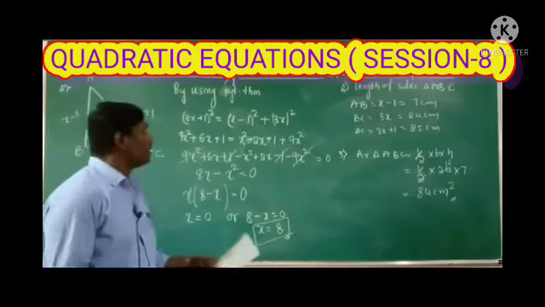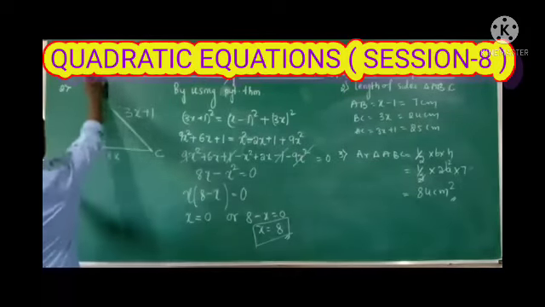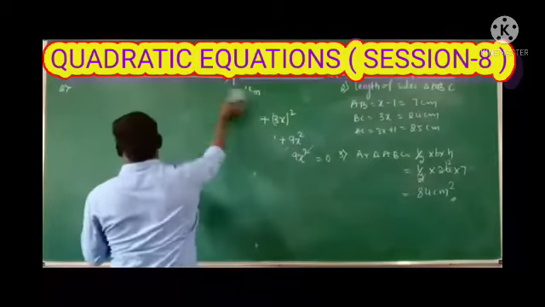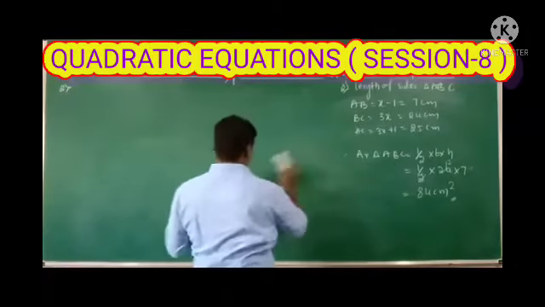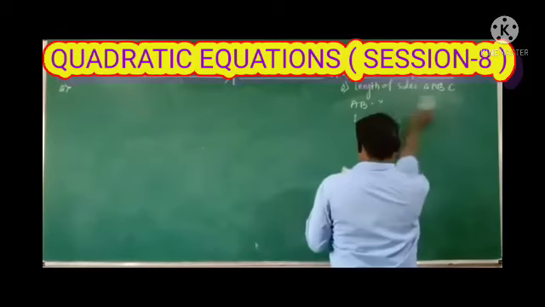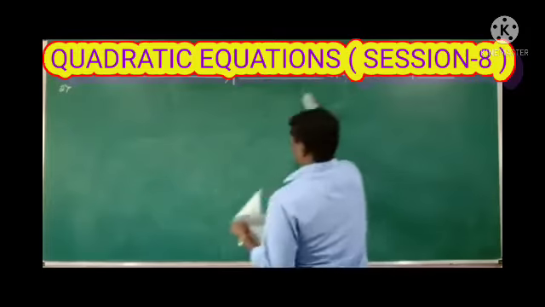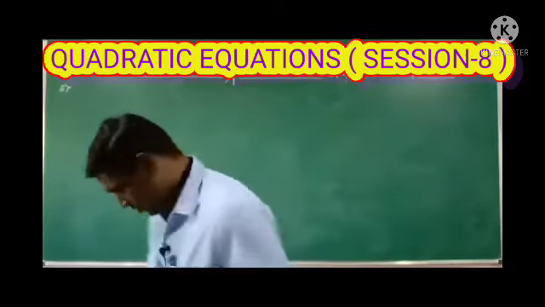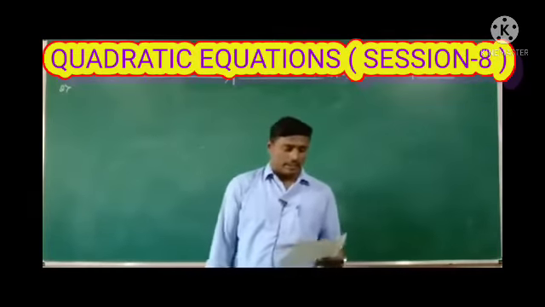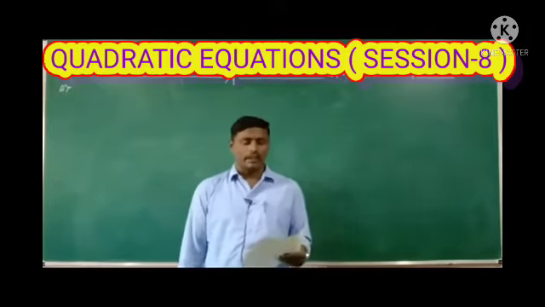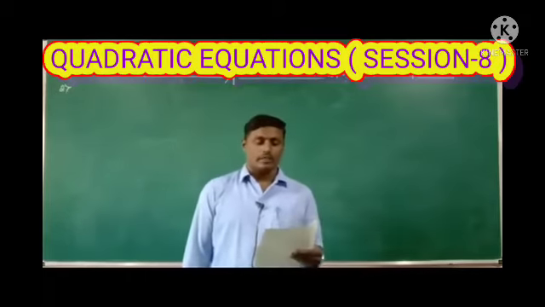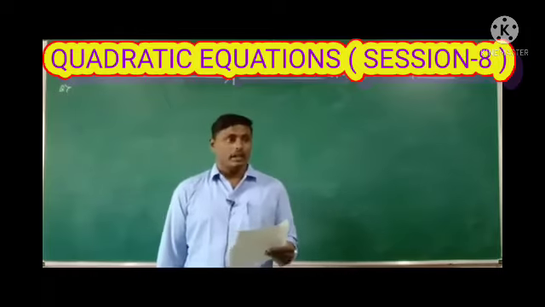Okay. Now see the next, third question. The hypotenuse of a right angle triangle exceeds one side by 1 centimeter and the other side by 18 centimeter.